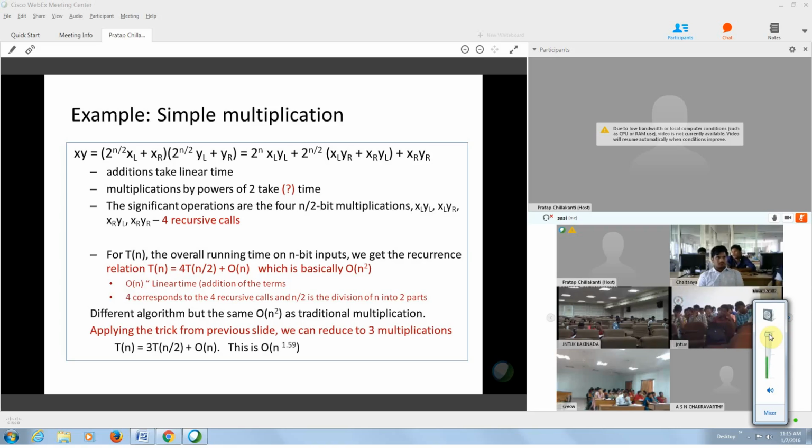Instead of 4 times, the coefficient changed from 4 to 3. If you read the papers, there are mathematical proofs and detailed calculations showing that instead of the algorithm being of the order of n squared, n raised to 2, the algorithm now becomes big O, n raised to 1.59.